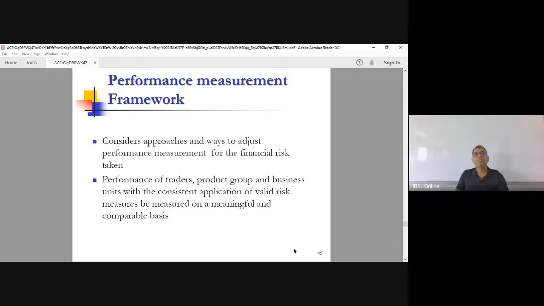Why is performance management important for determining the ALM and ALCO process? It has nothing to do with interest rates, right? But why is it important? Any questions? Any answers?